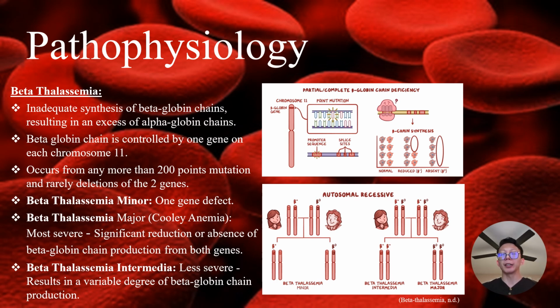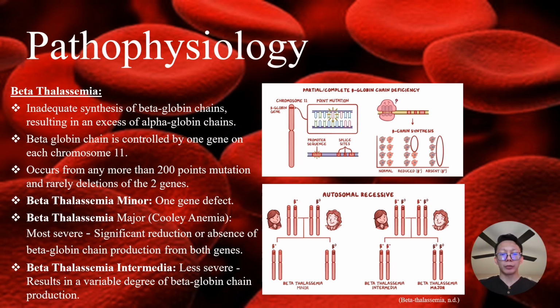Beta thalassemia can also range from mild to severe, depending on the extent of the beta globin chain deficiency. Individuals with the severe form of beta thalassemia may require regular blood transfusions to manage their condition, while those with the milder forms may experience less severe symptoms.